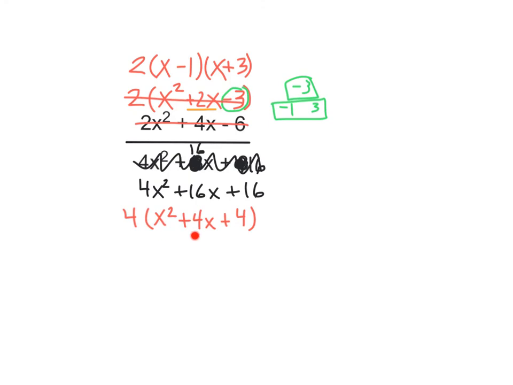Now we have a quadratic expression, trinomial factor here, with a 1 in the beginning. So since a is 1, we can take the c value, 4, it's positive, and write it off to the side. 1 times 4 is 4, and 2 times 2 is 4. In order to get the middle term, or b value of 4, we will need to use the 2 plus 2. So we'll keep that 4 there. Don't forget that GCF. Put our factor parentheses down. X times x will give us the x squared, and then we need the plus 2 and the plus 2.